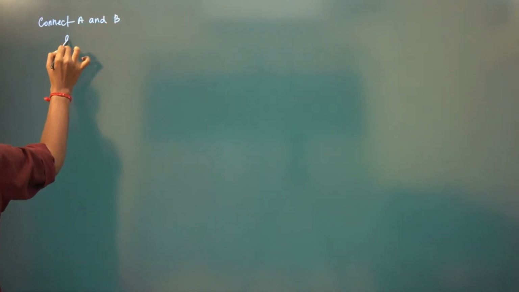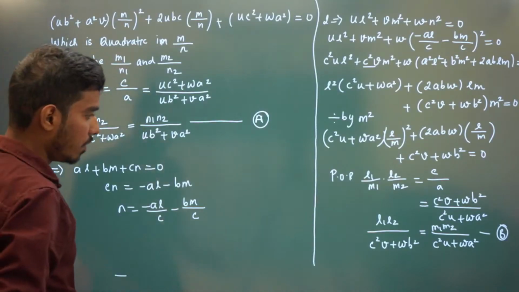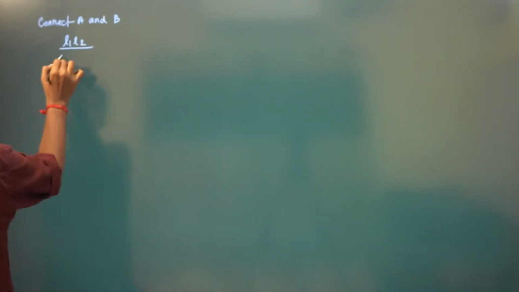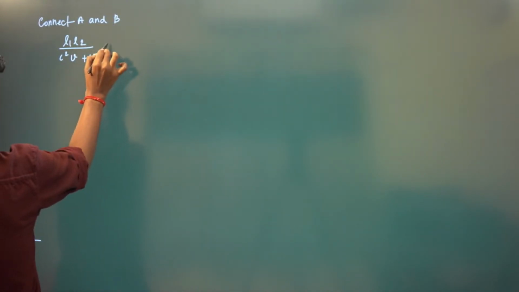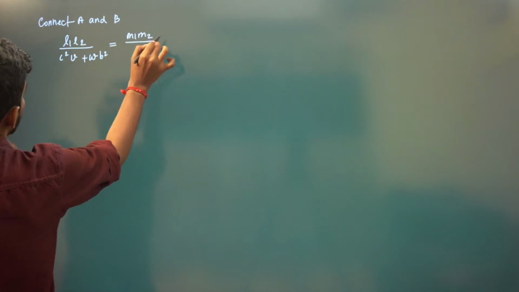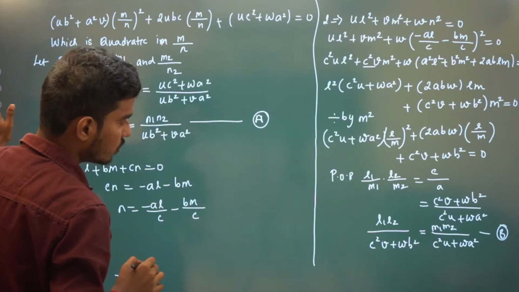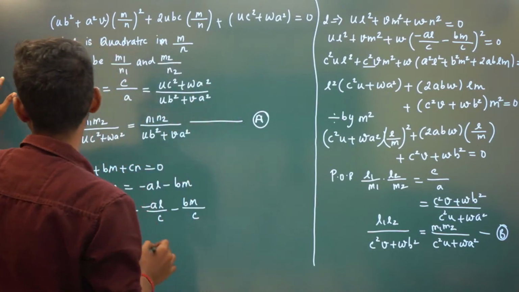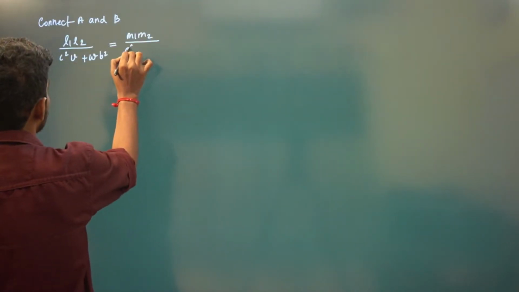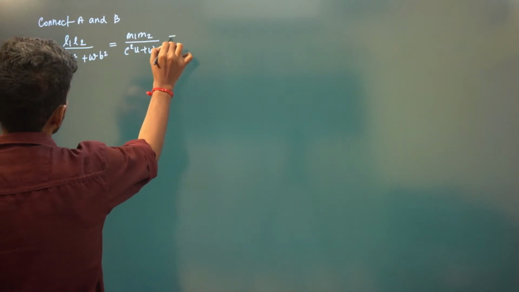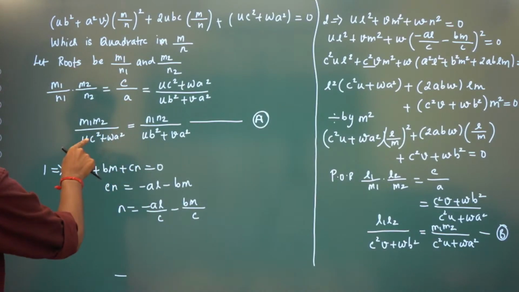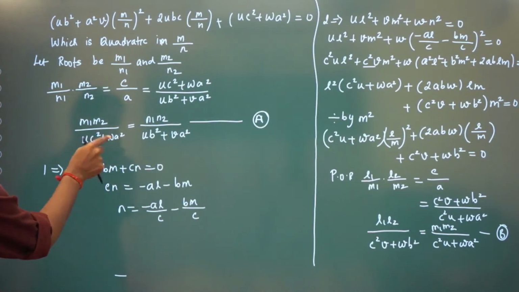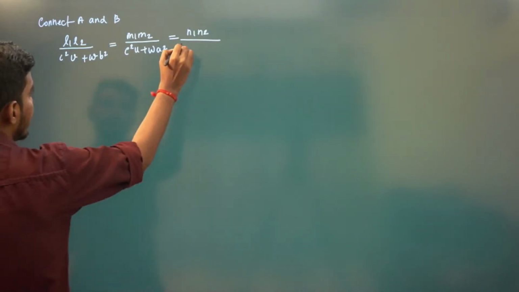You always start with b. So we have l1 l2 divided by c square b plus w b square is equal to m1 m2 divided by c square u plus w a square, and from a we have n1 n2 divided by u b square plus b a square, same only.